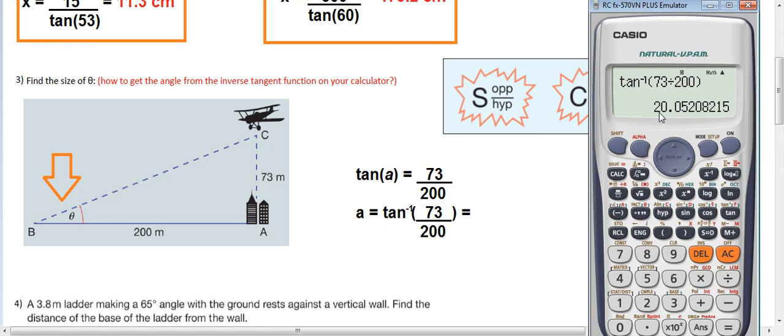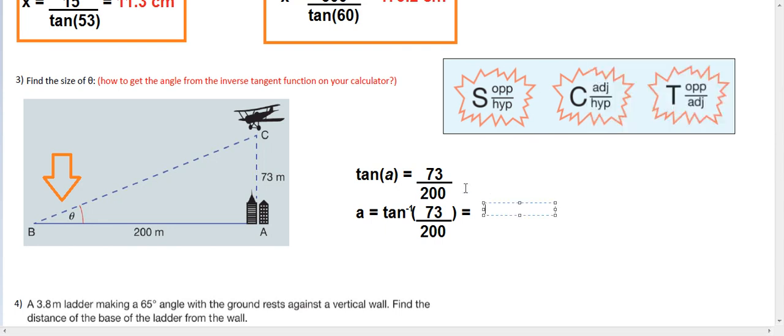So I can see that the angle rounded to 1 decimal place is going to be equal to 20.1 degrees. That's the final answer. It was pretty simple. The only thing that I need to know properly is how to get the inverse function of tangent to find the angle.